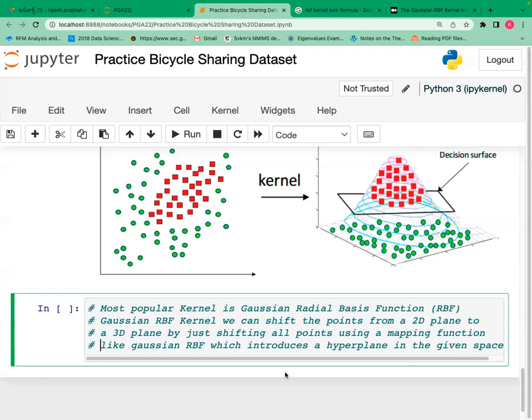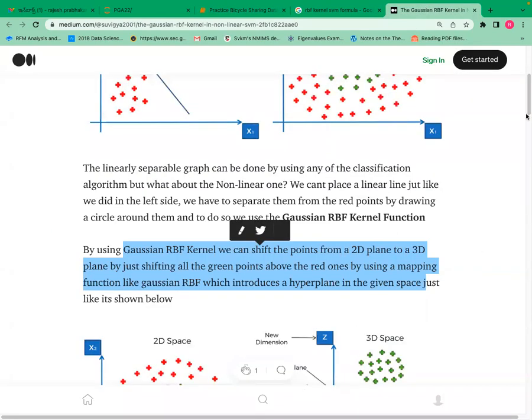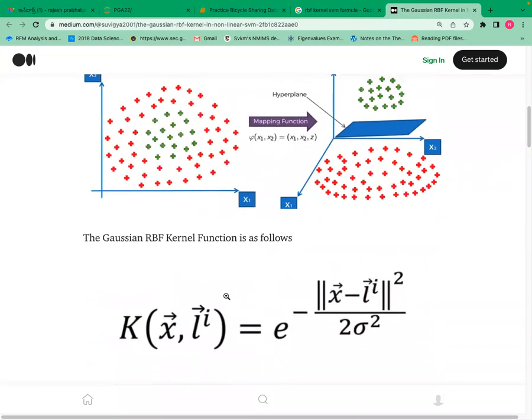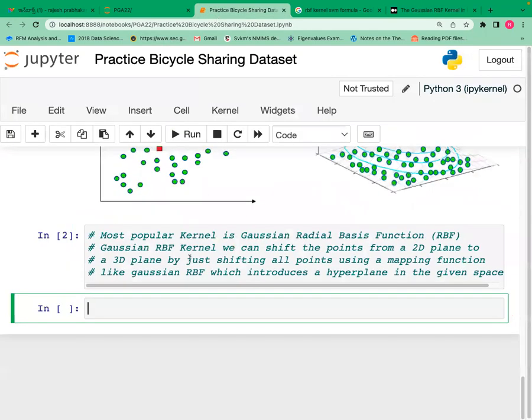It shifts all points using a mapping function called the Gaussian RBF function, which introduces a hyperplane in the given space. This is what the Gaussian RBF will do.